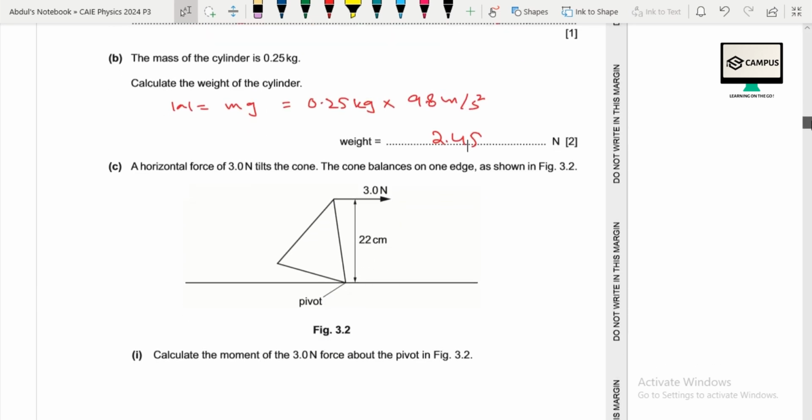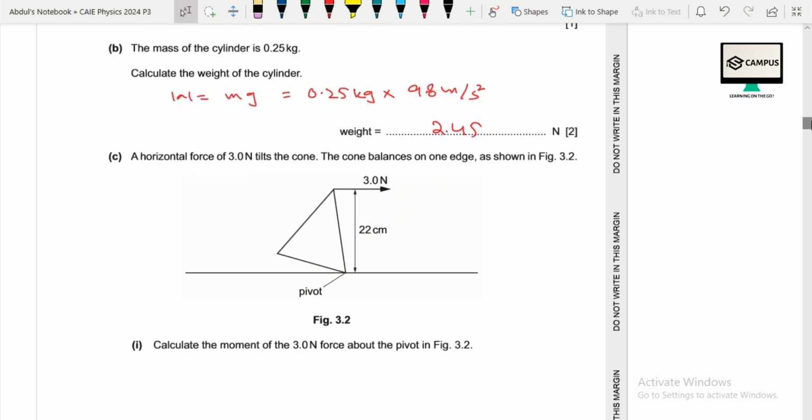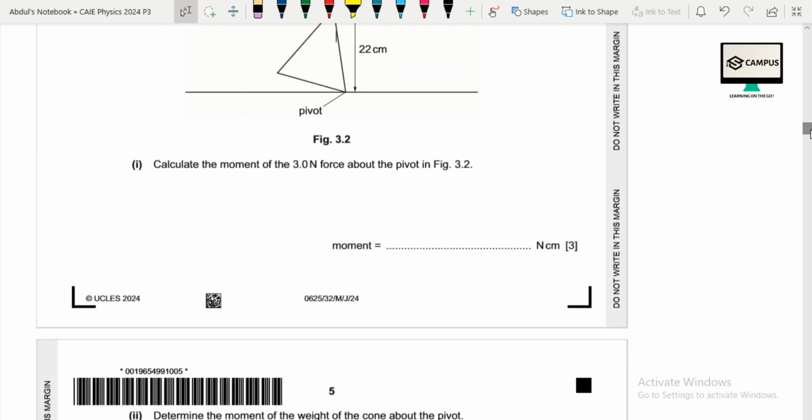Moving on to part C of the question. A horizontal force of 3 Newton tilts the cone, and the cone balances on one edge as shown in figure 3.2. Calculate the moment of force of the 3 Newton force about the pivot.